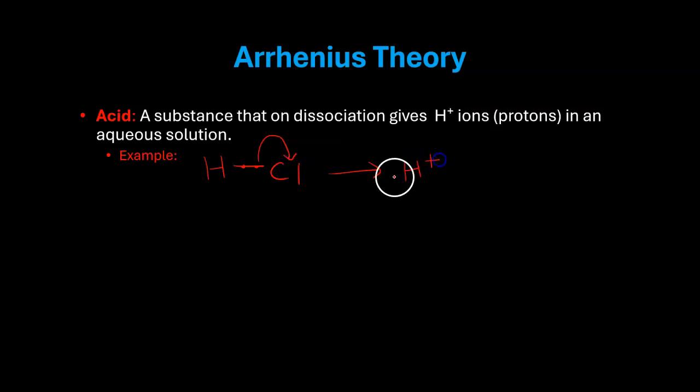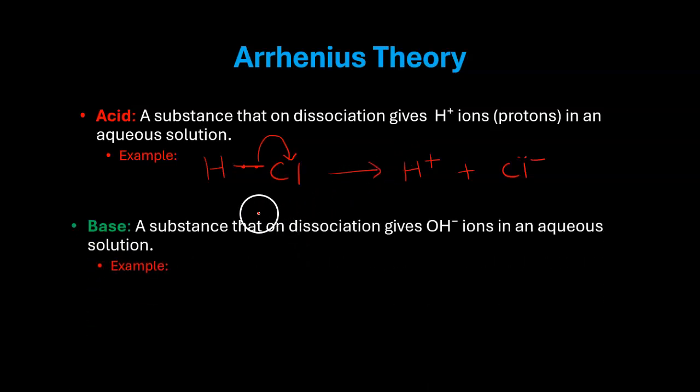So this will become electron deficient. It is called a proton or H plus ion, and here we will get Cl minus, which has two electrons. These two electrons are transferring onto the chlorine. So this compound can be called an acid because on dissociation it gives H plus ions in the aqueous solution.